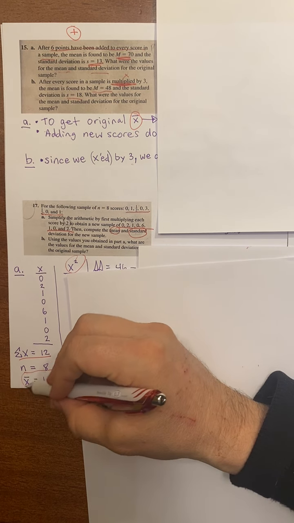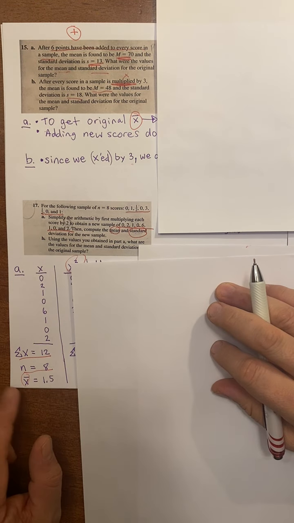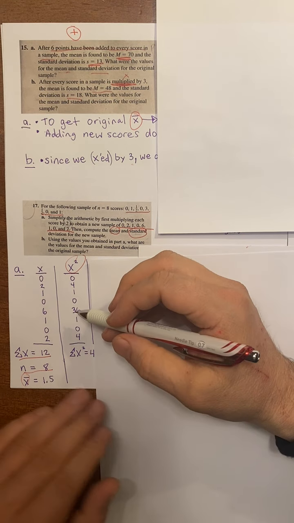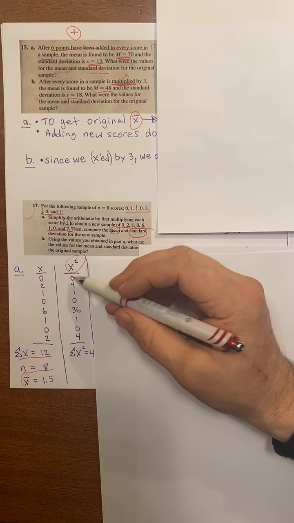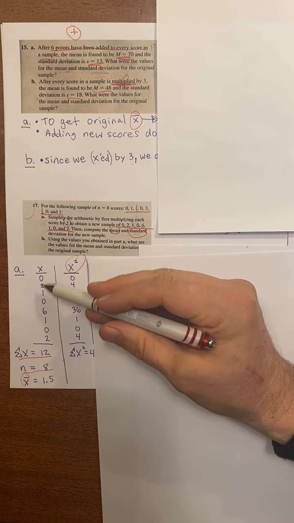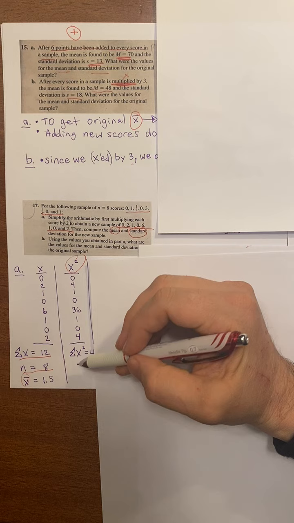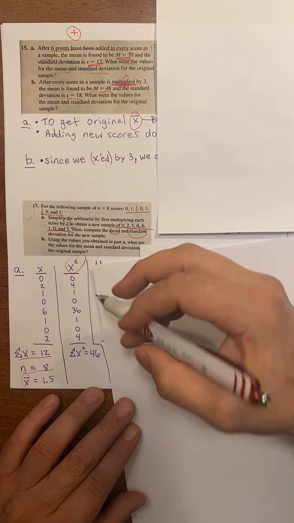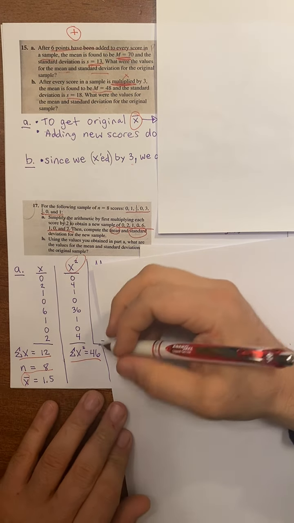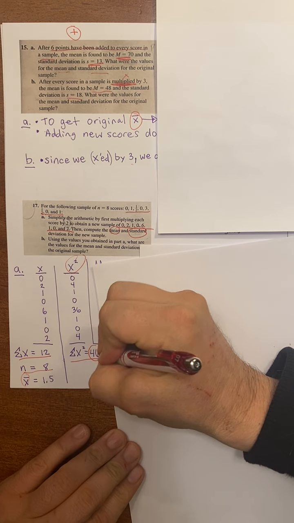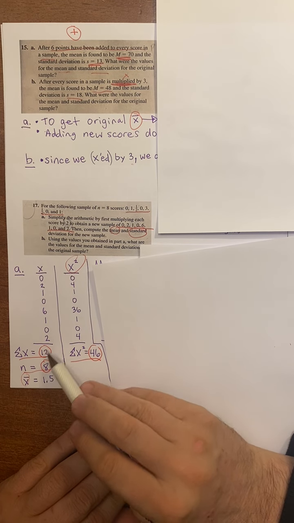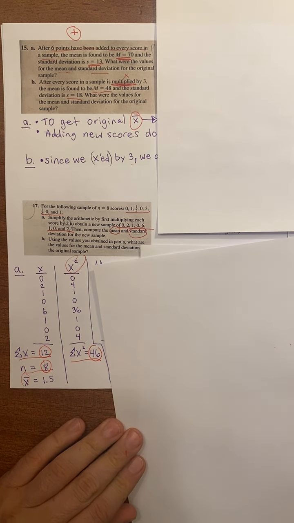I did include the mean here, but I didn't need to. The next important thing is to square each x value. So 0 times 0 is 0, 2 times 2 is 4, and so on. The important thing is that we then find that the sum of x squared is 46. So now we have the 3 numbers that we need for our computational sum of squares equation.